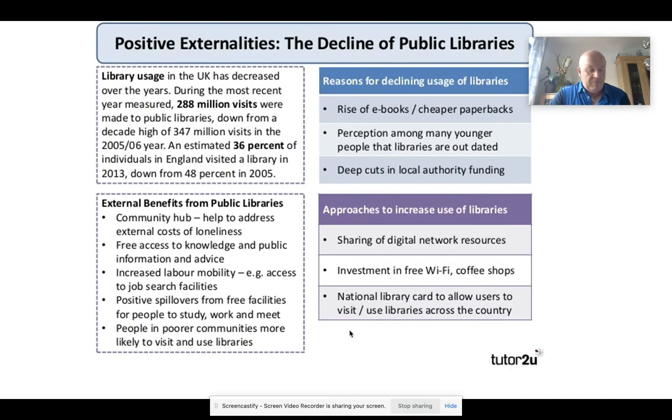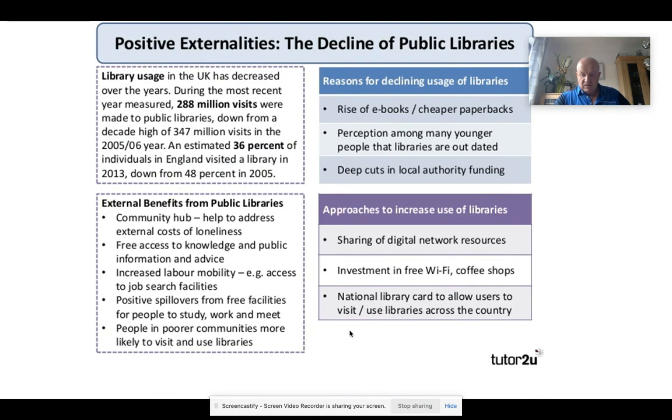Okay, another example of a case study for you to consider based on the positive externalities of public libraries. Just again giving you some information that you could maybe use should you need to give an example of positive externalities, and how in this case the decline of public libraries has caused a number of issues, and reasons for that.